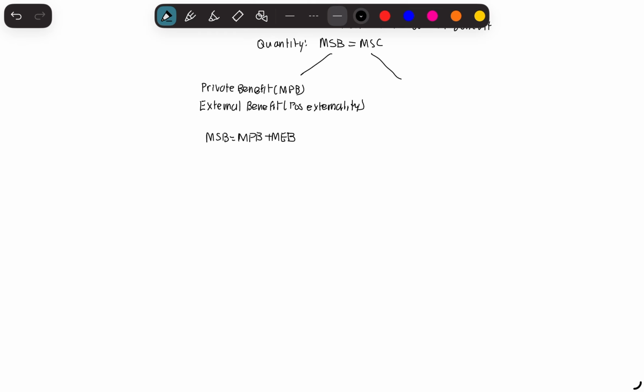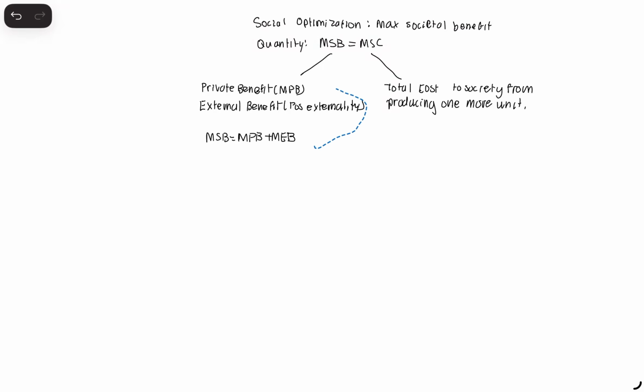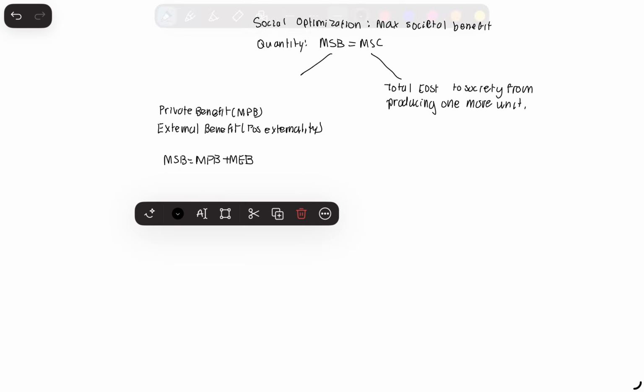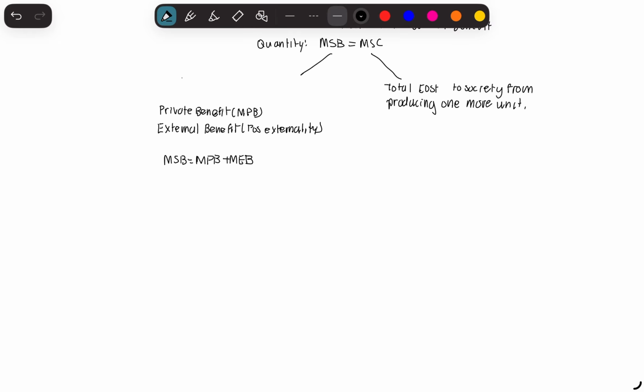Now, your marginal social cost is the total cost of one more unit of a good. Marginal social benefit was the total benefit to society.